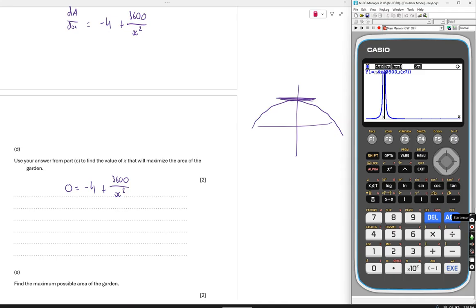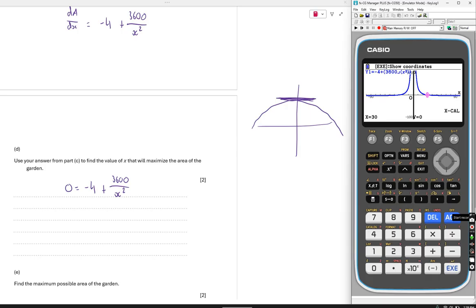We may need to just change the view window a little bit. Let's do negative 100 to positive 100, and same for this, negative 100 to positive 100. Okay, exit, draw, G-solve. Let's do an X calculation when Y is 0. And we get an answer of positive 30.